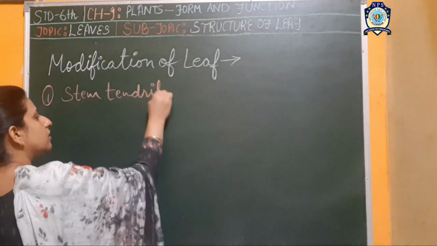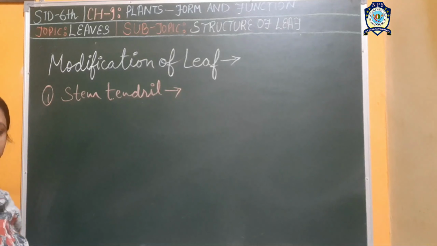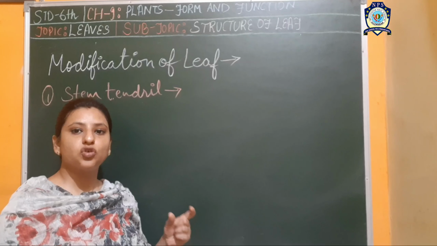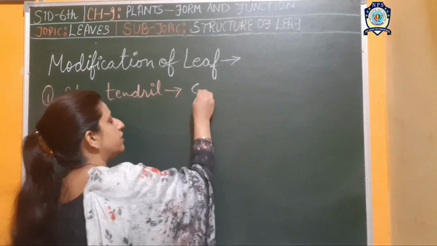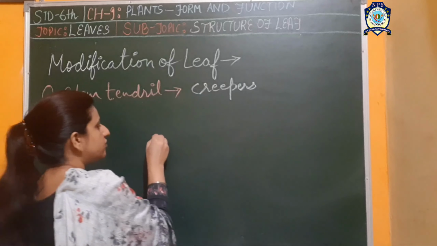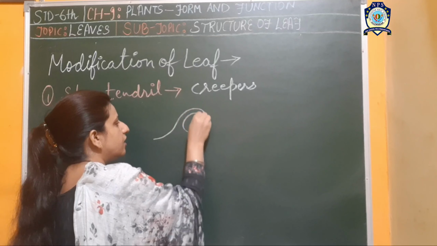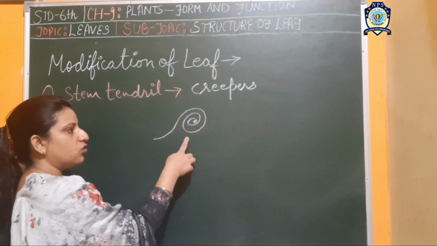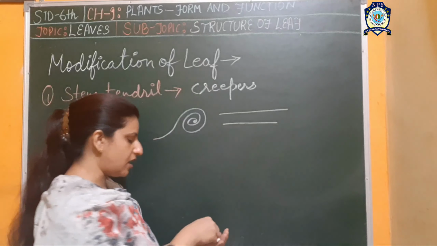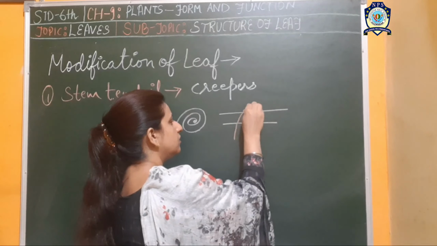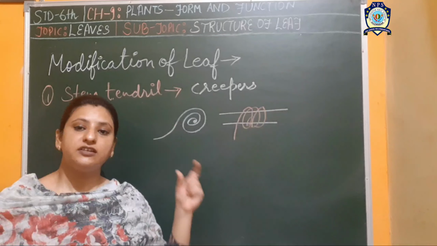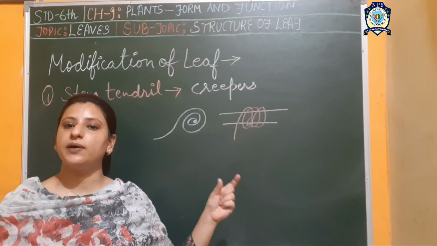So all the creepers who don't have a good supportive stem, they have tendrils in them, and the leaves are just modified into these round structures, and these structures wrap themselves around this type of wooden block, and like this they try to climb up towards the upper level.